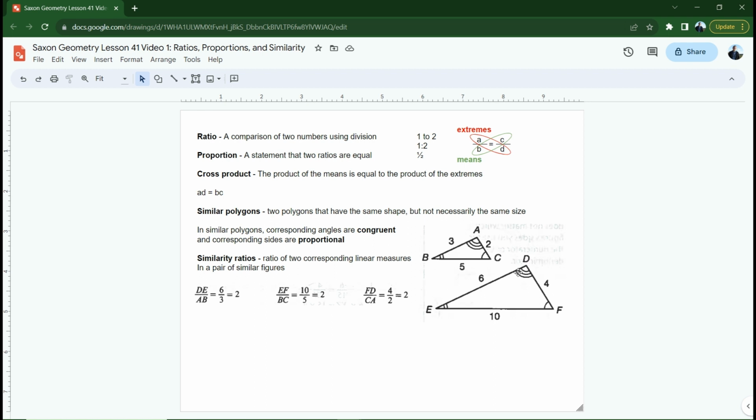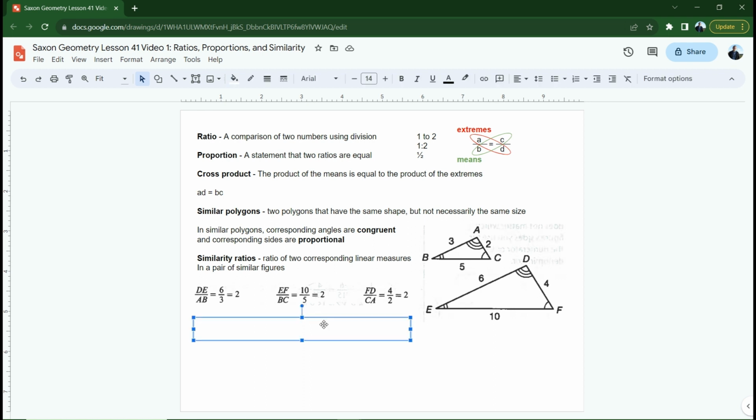I could figure out what the ratio of side lengths is. 6 divided by 3 is 2. EF corresponds to BC. EF is 10, BC is 5. When I divide those two, I get 2. I'm going to get 2 when I divide the last ones as well because they have to be in proportion to each other, and that's what that means. So FD divided by CA is 4 divided by 2, which is 2.